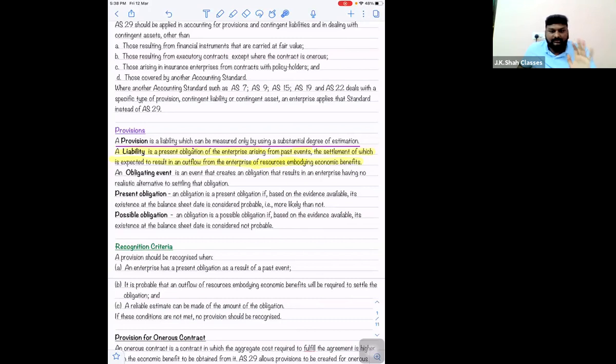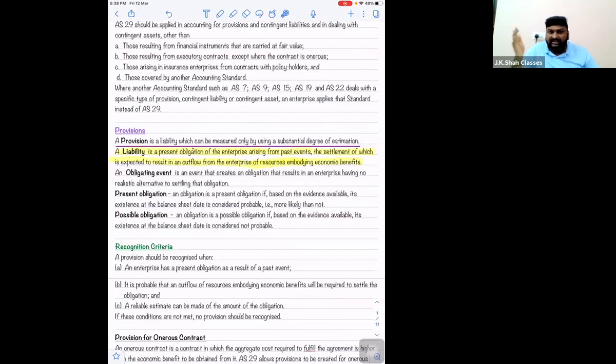Please understand this point. Your contingencies are always possible obligations arising out of past events. It is not probable that an outflow of economic resources will be required to settle the obligation. But the possibility of outflow of economic resources is not even remote.